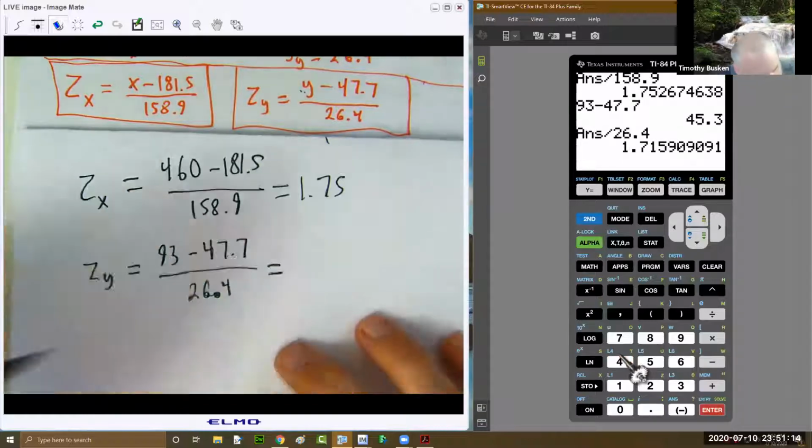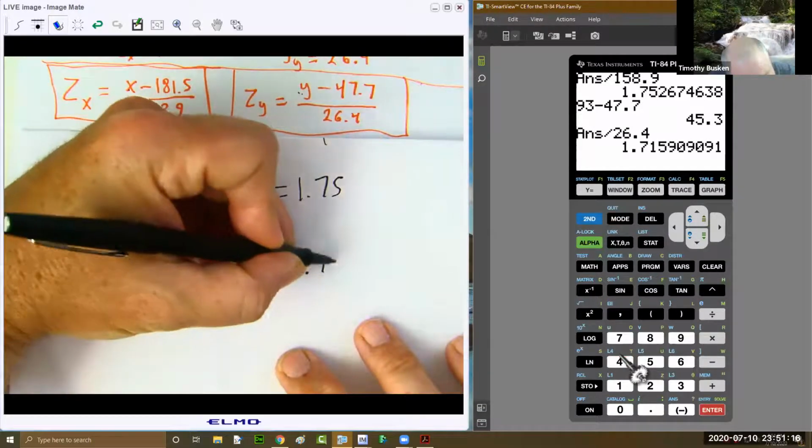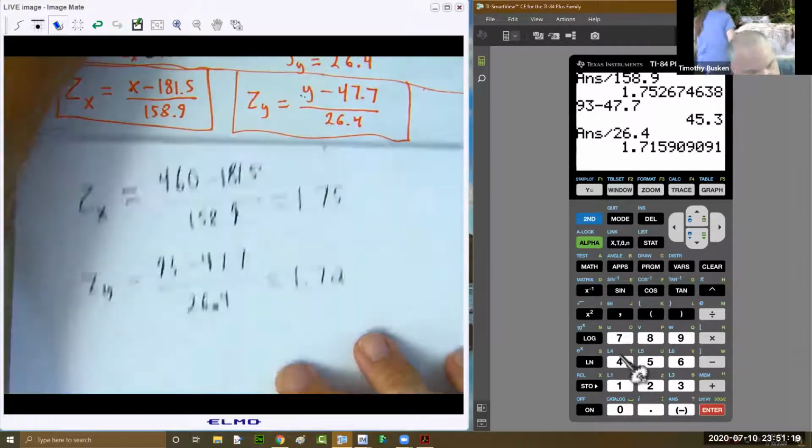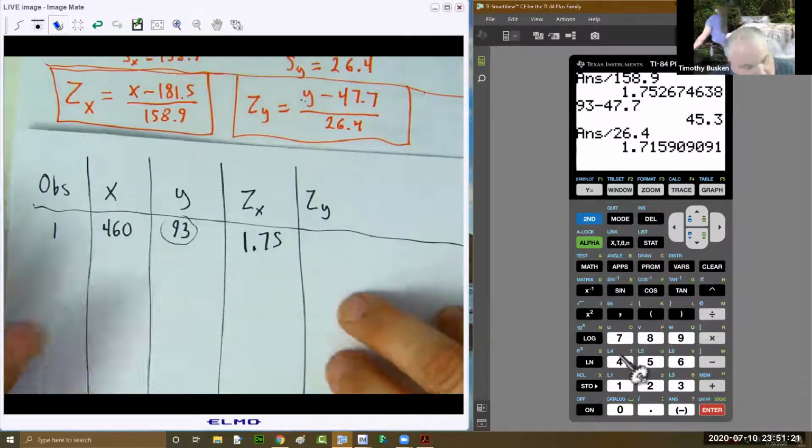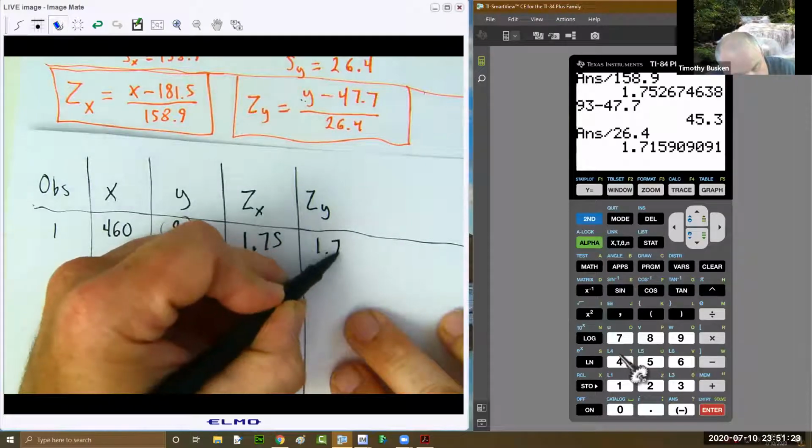And we're getting about 1.72. I'm rounding to the hundredths. So that means that this number in our table is 1.72.